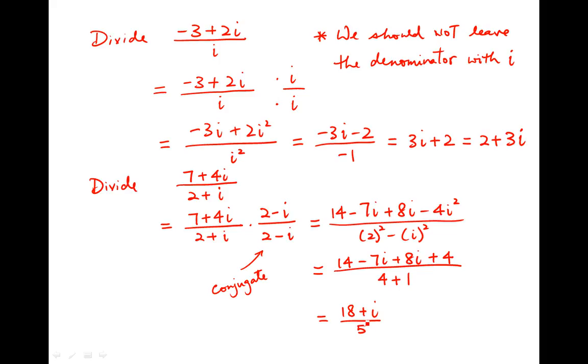Let's put that in the a plus bi form. So we separate this fraction, make it become 18 over 5 plus 1 over 5 i. So we can clearly identify which one would be the a and which one would be the b.